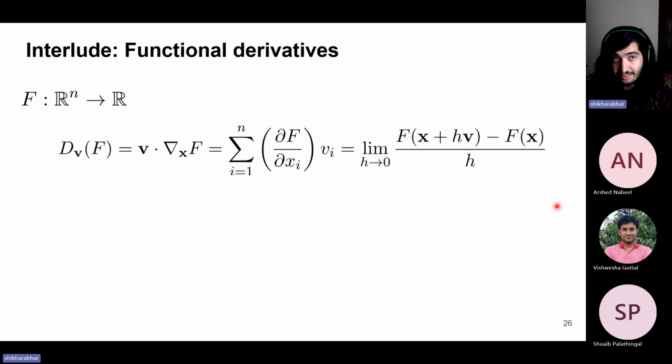Interestingly, and this is where our functional derivatives are going to come in, this is also a way to characterize the partial derivatives or the gradient backwards. That is, if I had some function a such that for every vector v, v dot a gives me this limit, then a must be the gradient.